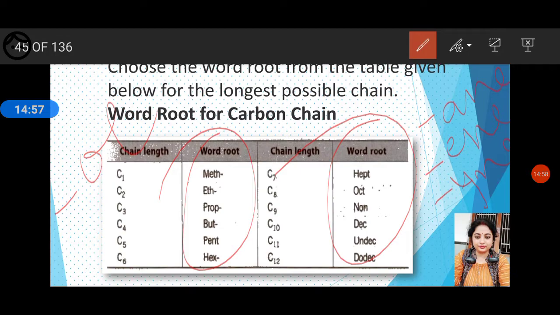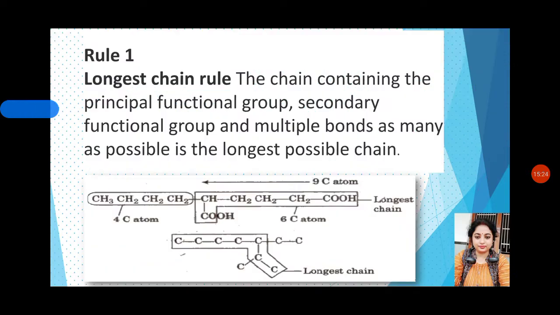If it contains an aldehyde group, CHO, the secondary suffix will be al. Other functional groups have their own secondary suffixes. There will be a table for this, and you have to learn where to use the primary suffix and where to use the secondary suffix.